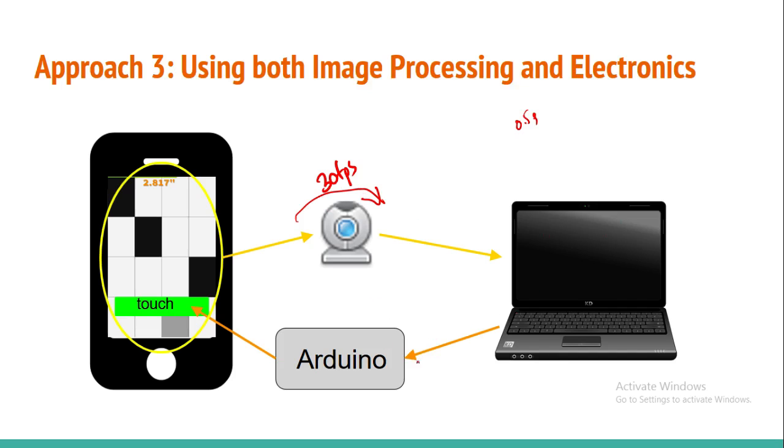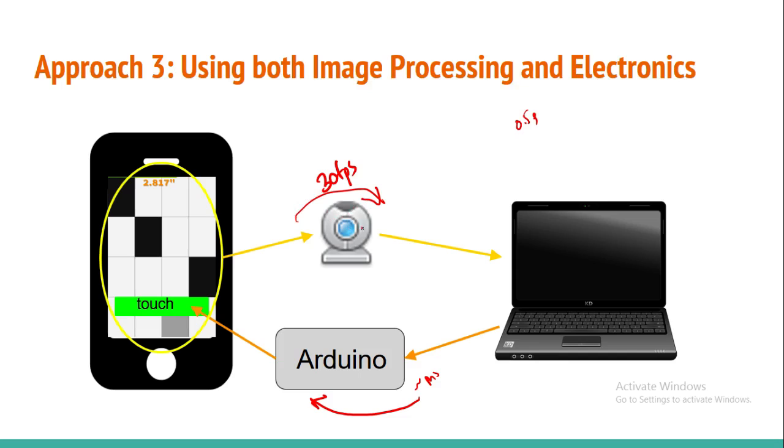And then another problem you had was during the touch simulation, where you had a delay while using the ADB tool library. Instead of that, if you use the Arduino, the advantage is that it can react very fast, in milliseconds. So this could be really helpful to solve games where you have to be as quick as possible.